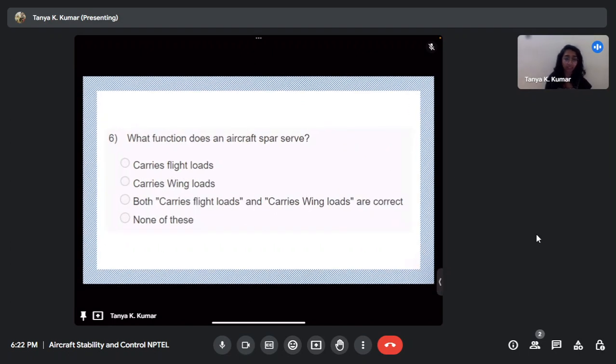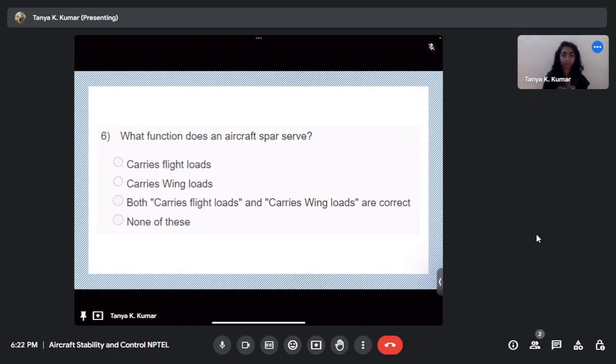What function does an aircraft spar serve? What is a spar?